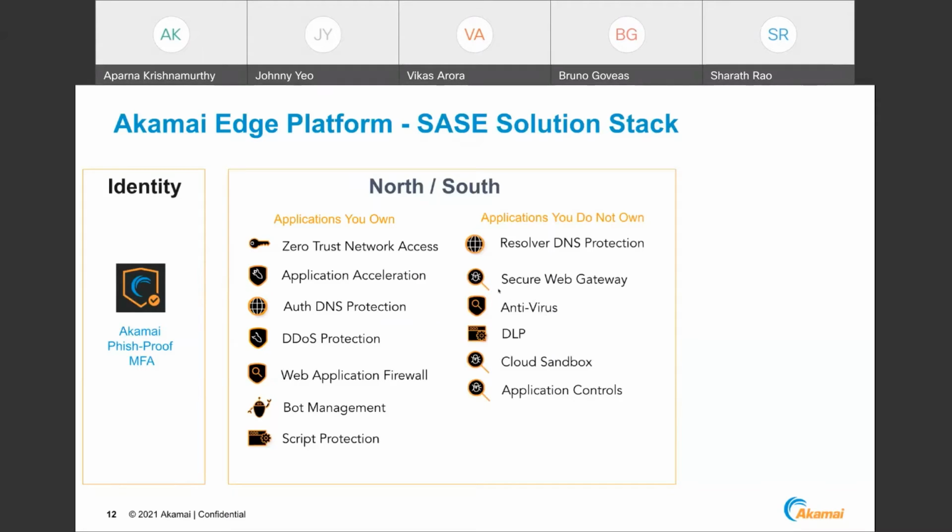For example, you may subscribe to a third-party service, you want to access your site, but you want to secure it, so we can have a secure web gateway to help you do that, and couple that with antivirus, DLP, a cloud sandbox, and also application control. So that's our North-South suite. It covers applications that you own and applications that you do not own.